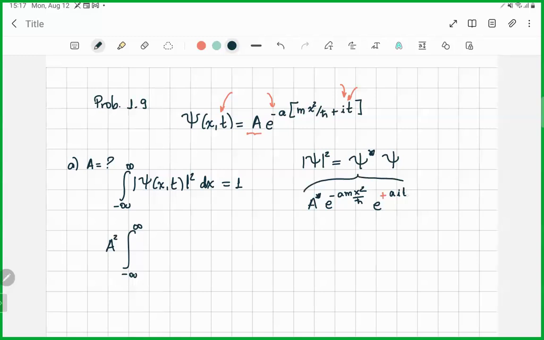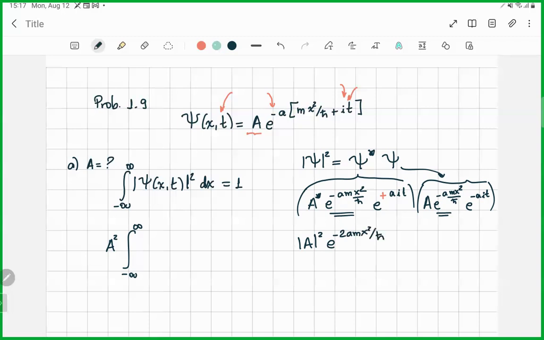Now for the other one, the function itself, I have A, that exponential, oops, there is a little a there, a m x squared over h bar, and the original one, with minus i a t. Okay, so this is the wave function. When we multiply these two things, we get the absolute value of big A squared. This exponential with this exponential will give us minus 2 a m x squared over h bar.